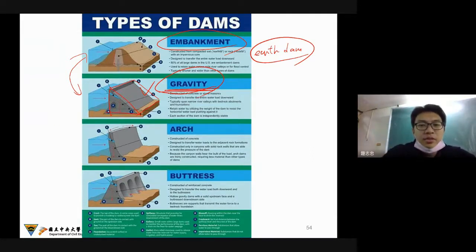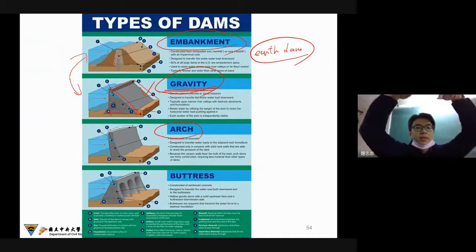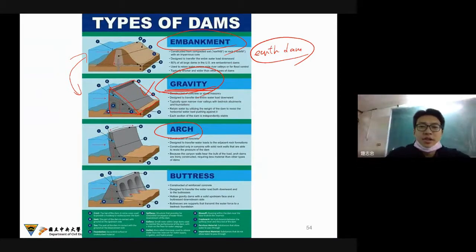And the third one is the arch dam. If you have the top view of this arch dam, sometimes it will look like this. This is the upstream, and this is the downstream.